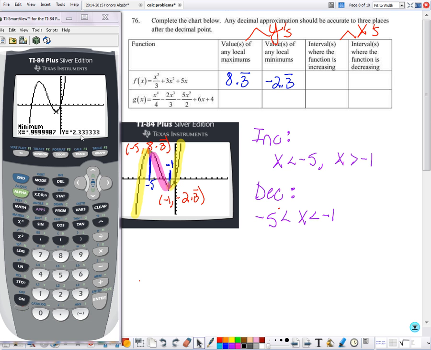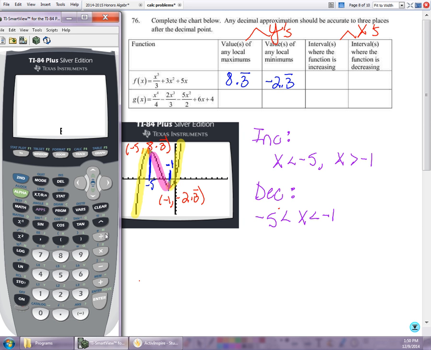Okay, so we're going to repeat that whole process for g of x. And I'm not sure the calculator is going to know that that means 2x to the third versus just x to the third divided by 3. So I'm going to insert parentheses around this numerator just to be absolutely certain that the calculator knows I want the entire 2x to the third divided by 3.